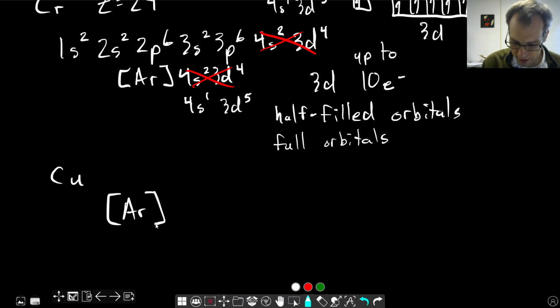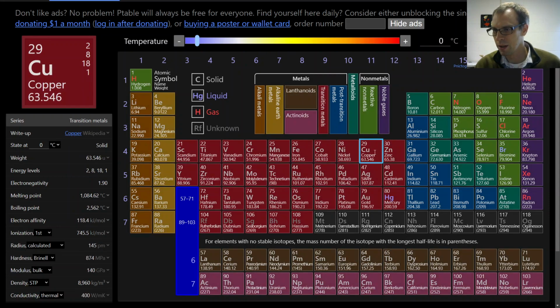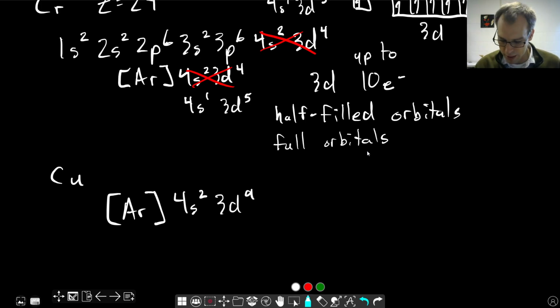Since it's in the same row, it has the same core electrons, the argon core, and we would expect it to have 4s2 3d9, just based on its spot in the periodic table. We fill in the 4s orbital, and we're almost full on the d orbitals. In zinc they're all completely full, but we don't have it quite full in copper. So that's what you would expect based on the rules we've talked about, but this is one of our exceptions, so that's not what actually happens.